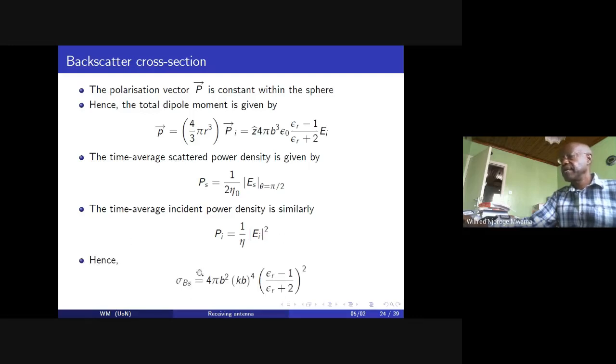Hence, you can see that the backscatter is just going to be given by 4 pi, the radius of the sphere or the scattering object multiplied by its electrical radius, all raised to 4, times epsilon r minus 1 over epsilon r plus 2, all squared.